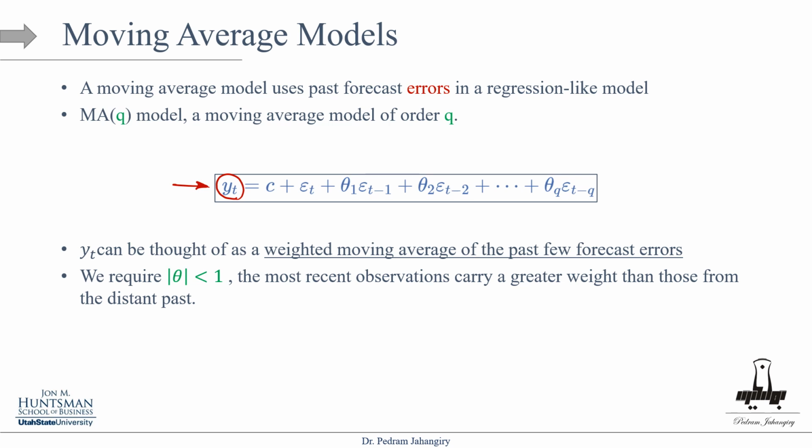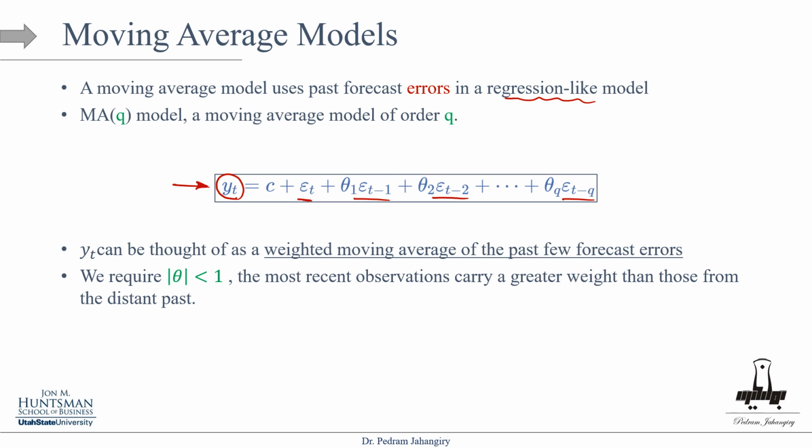Here's the current error, and then the last error, the error two periods before, and all the way to the errors Q periods before, right? We call this model moving averages because we're using a moving average of the previous forecast errors in a regression-like model.